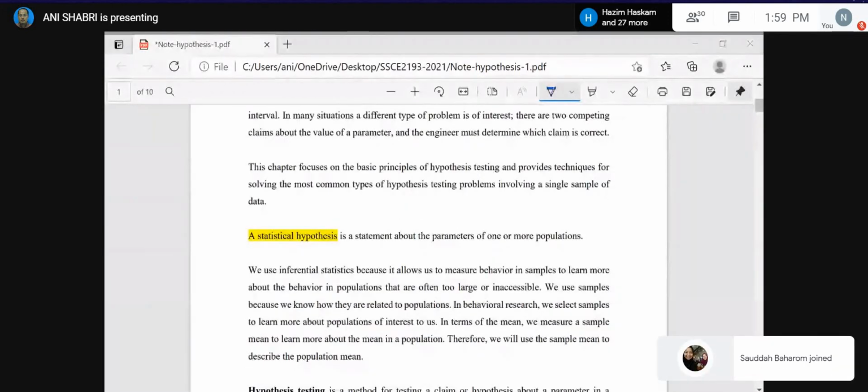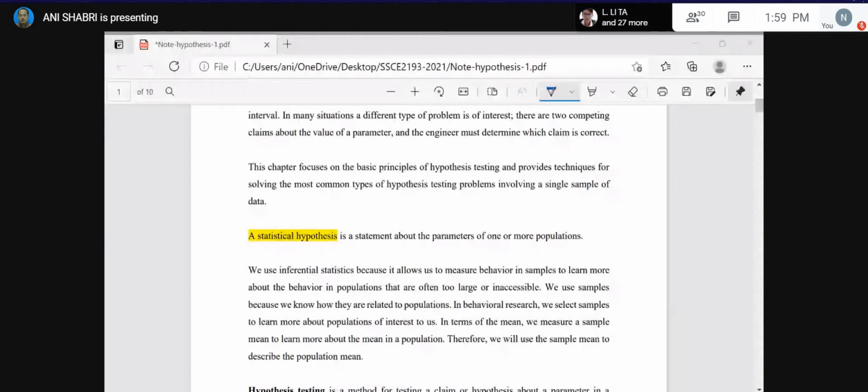Therefore, we will use the sample mean to describe the population mean. Hypothesis testing is a method for testing a claim or hypothesis about a parameter in a population, using data measured in a sample. In this method, we test some hypotheses by determining the likelihood that a sample statistic could have been selected if the hypothesis regarding the population parameter were true.